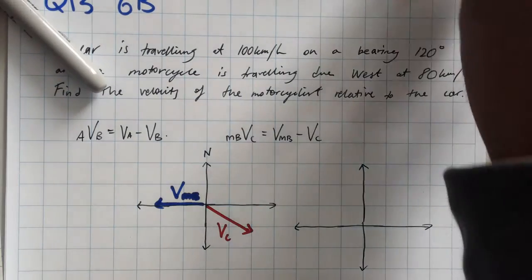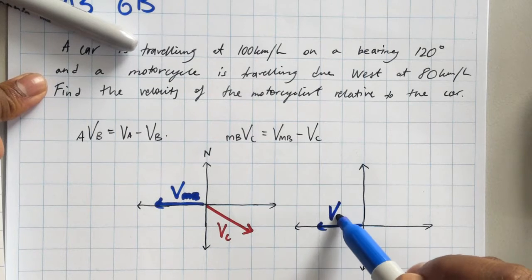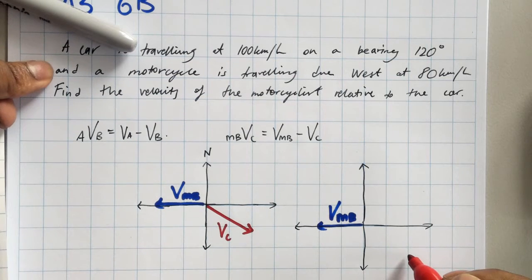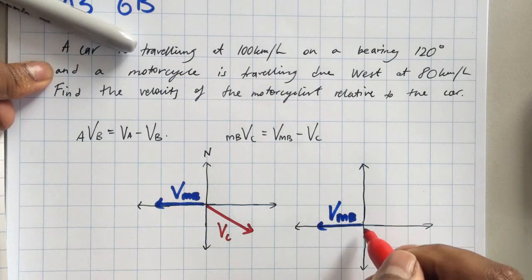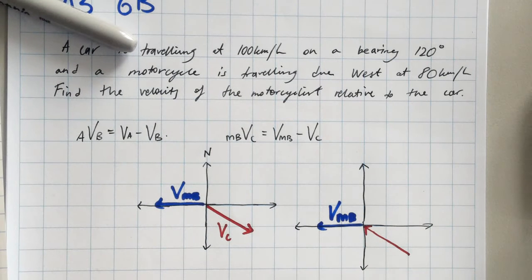So we still keep our velocity of our motorbike. That's the same, that hasn't changed at all. And now we're going to take our velocity. So basically it's going to change the direction of the car going that way.